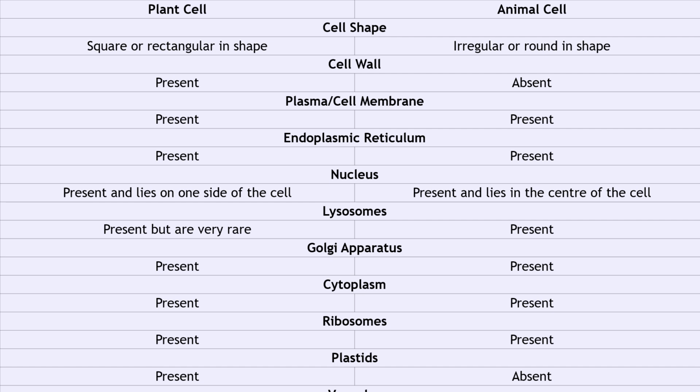Here arises a question: why is the nucleus called the control center of the cell? In the plant cell, the nucleus lies on one side of the cell.